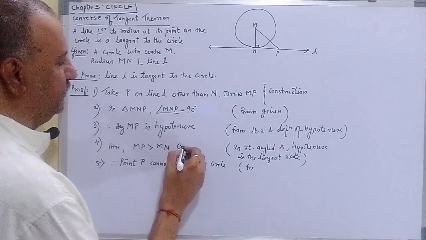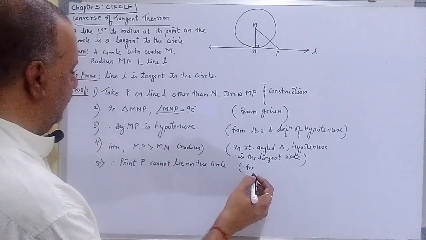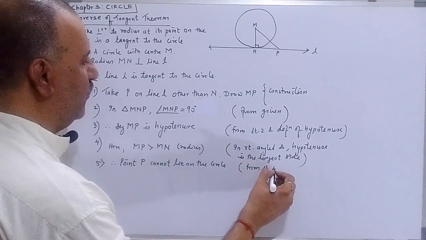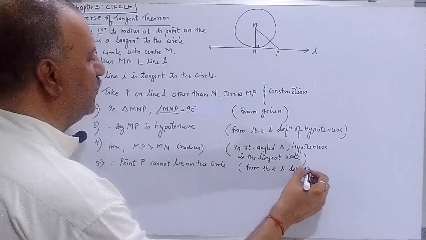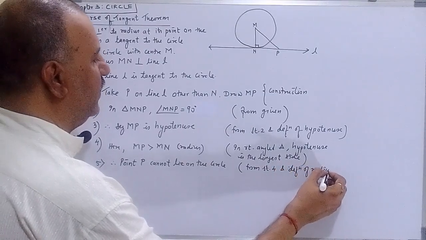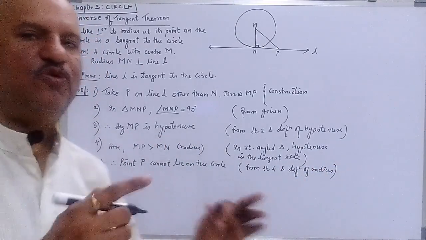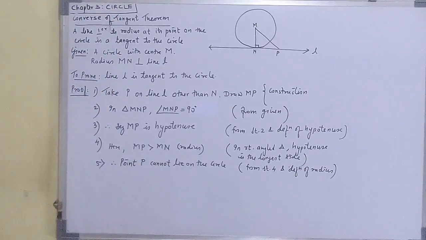MN is radius from statement 4 and definition of radius. वो रेडियस है नहीं, ये रेडियस है. इफ MP is more than radius, point P will not lie on the circle.